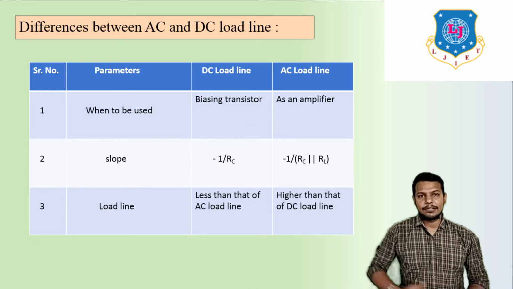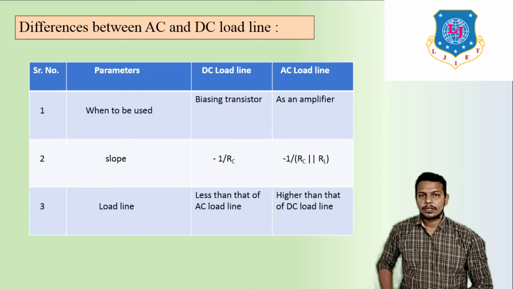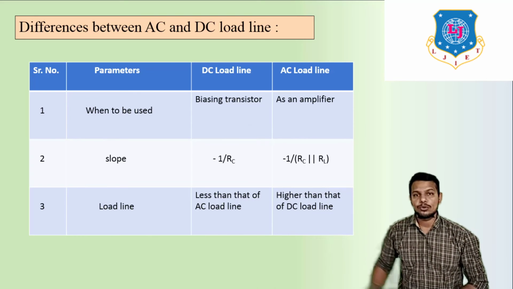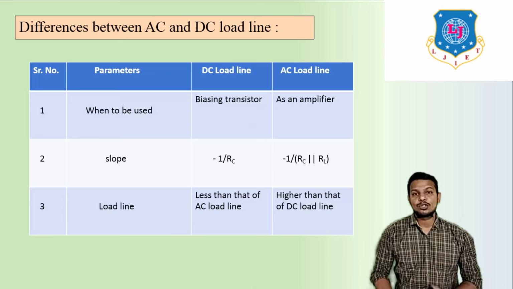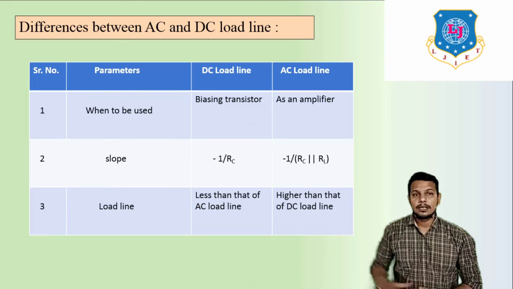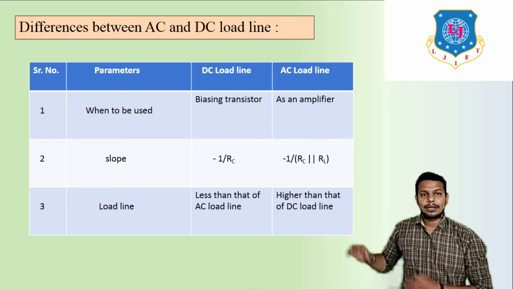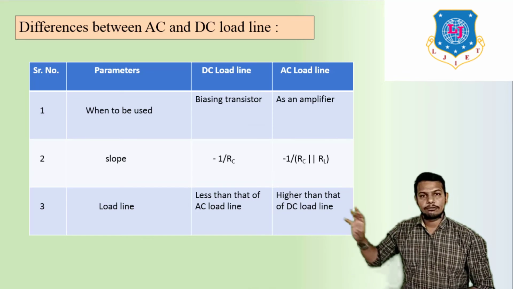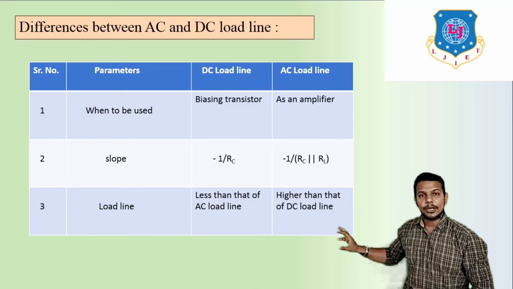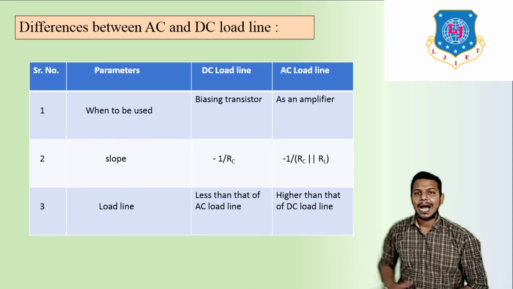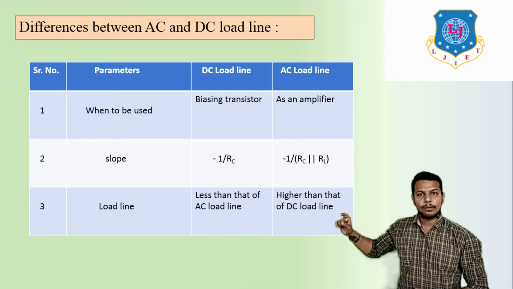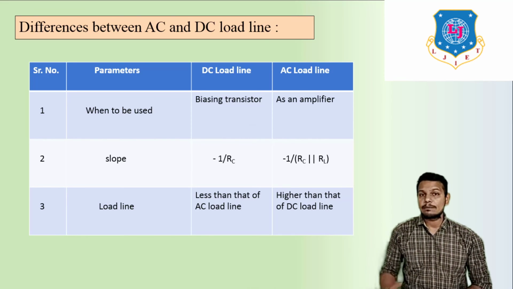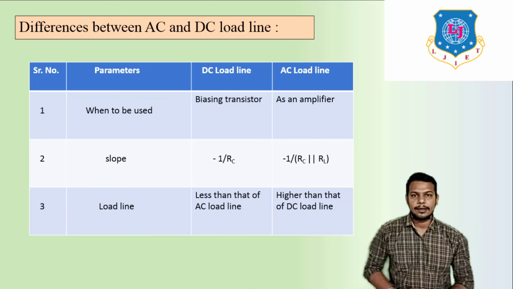So what is the difference between the AC and DC load line? Here we can see three main parameters. Number one, when to be used. The DC load line is always used for biasing the transistor, whereas the AC load line is used for the amplifier. Number two, slope. For the DC load line the slope equation is minus 1 upon RC, whereas for the AC load line the equation becomes minus 1 upon RC parallel RL, because the capacitor becomes short circuited between RC and RL.